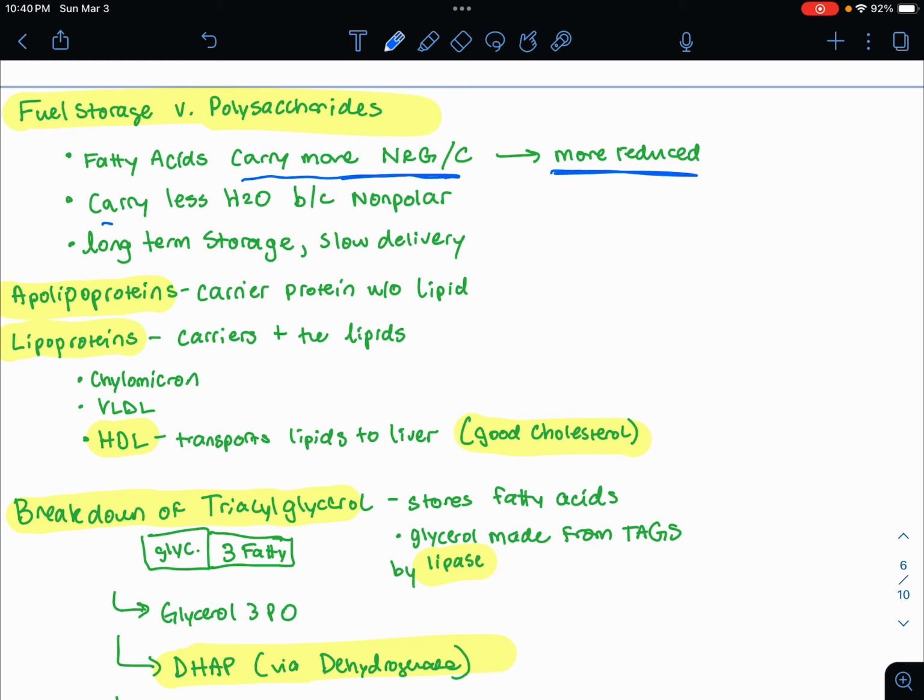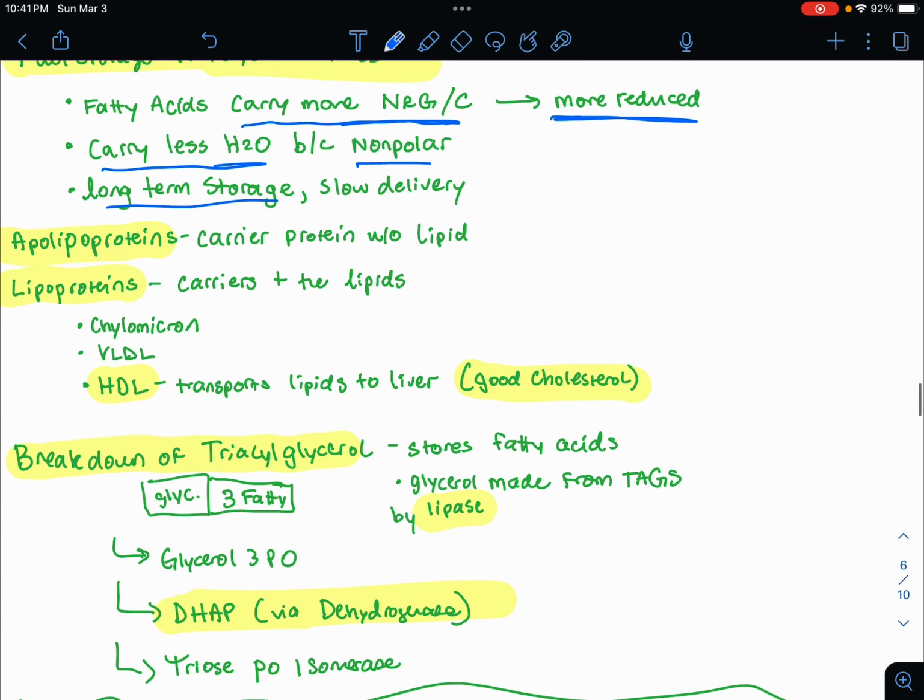They're also going to carry less water because of their nonpolar nature. Fatty acids, as well as fats in general, are going to be good for long-term storage and slow delivery. The opposite is true for polysaccharides: short-term storage and fast delivery.